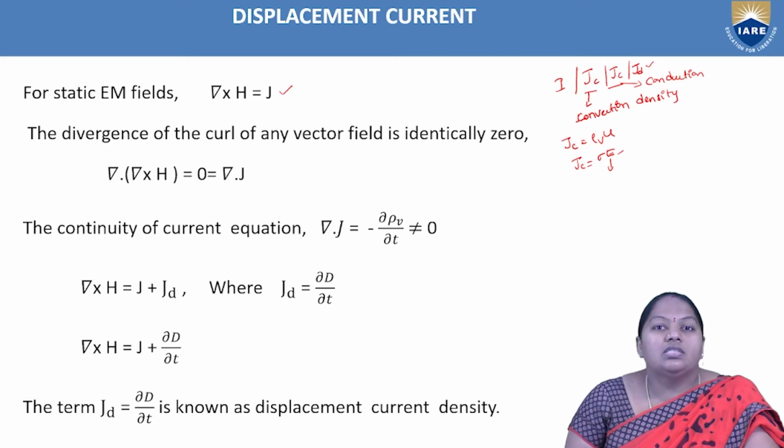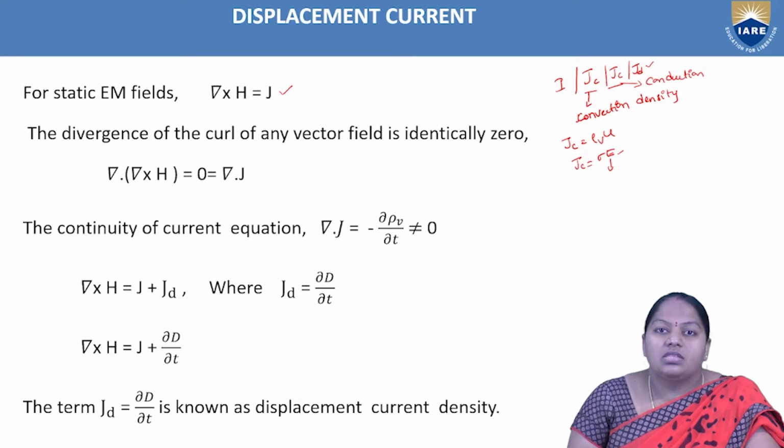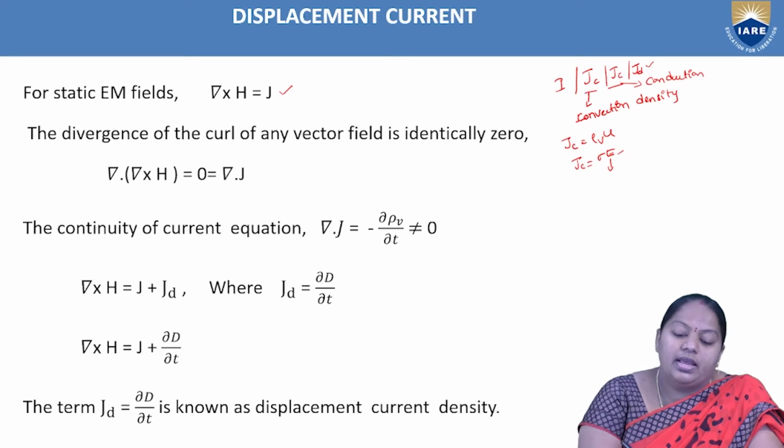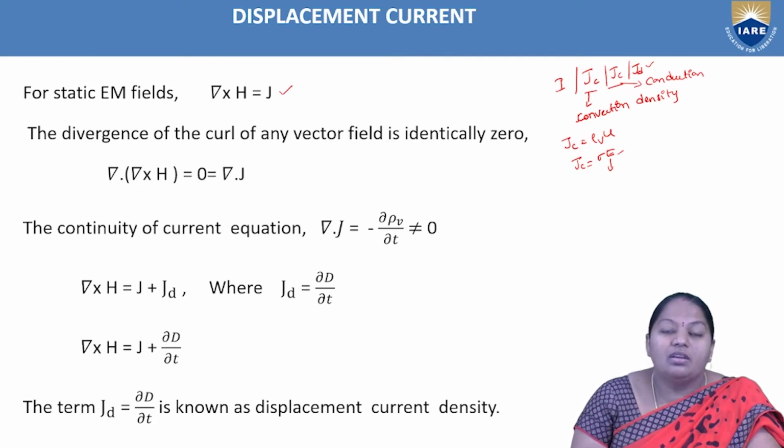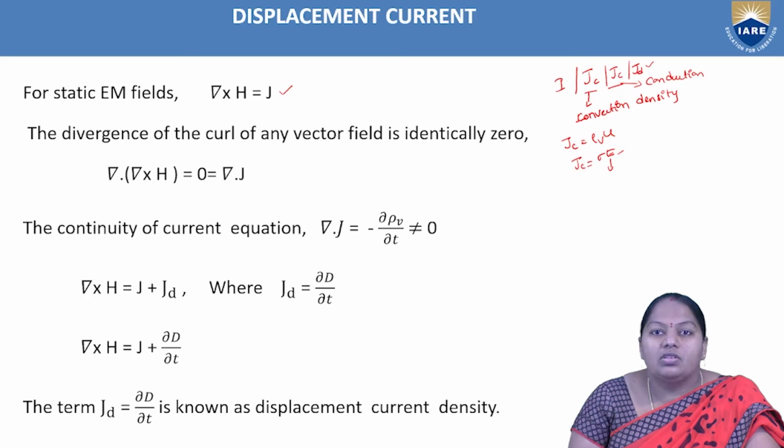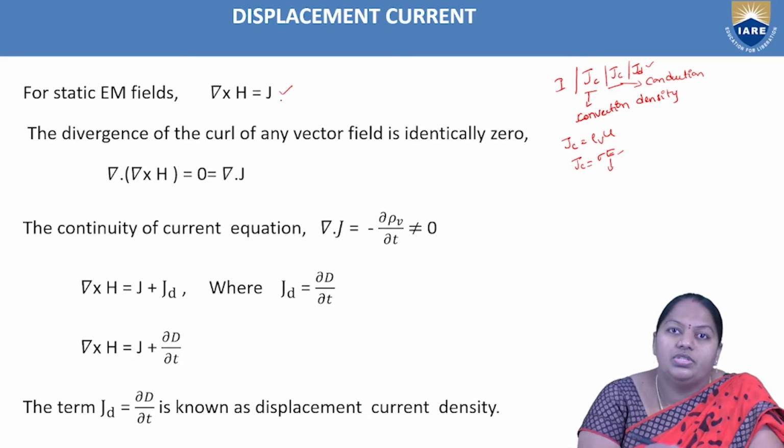There we considered the fundamental law known as Ampere's Circuital Law, or simply Ampere's Law. From it we derived the point form, or differential form, of Maxwell's equation for static magnetic fields: del cross H is equal to J.